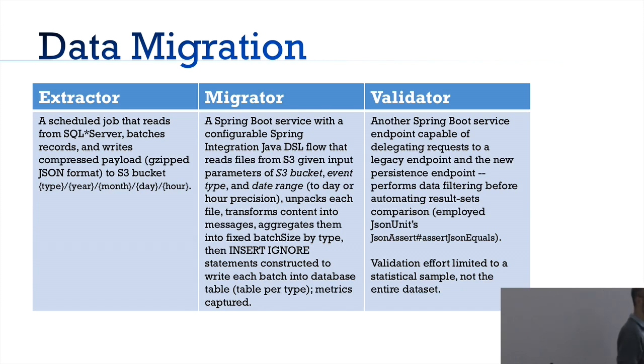It would process all the lines of that file, transform the content into Java objects, and construct a prepared statement and do the bulk insert. It would do it with an insert ignore. The ignore basically says, I don't care if there were any records in this batch that would cause a failure. I'm just going to jam in all the good records.